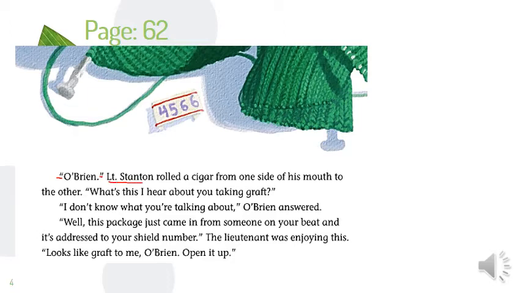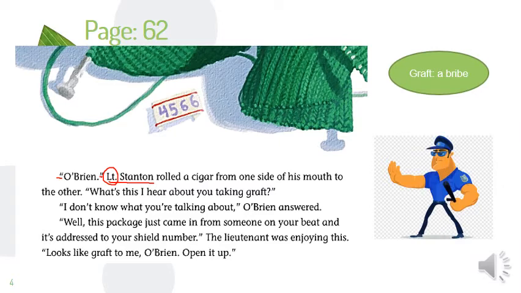Lieutenant Stanton, a proper noun, and LT is an abbreviation of his title. He is a lieutenant. What is the meaning of lieutenant? It's a rank in the police force. And Stanton is his name, so we have to capitalize the S.